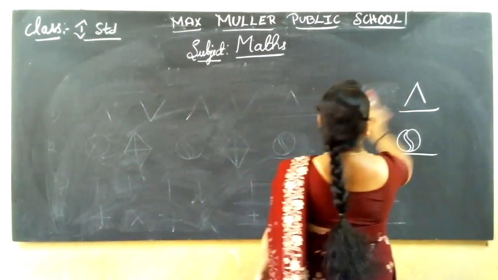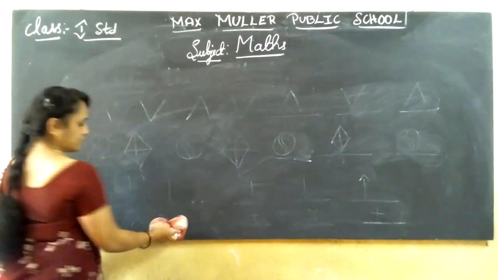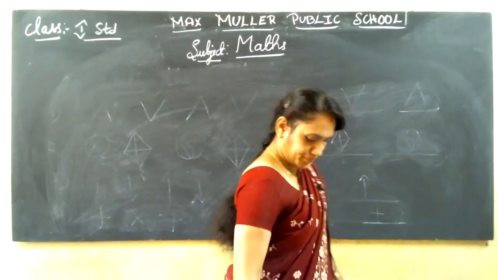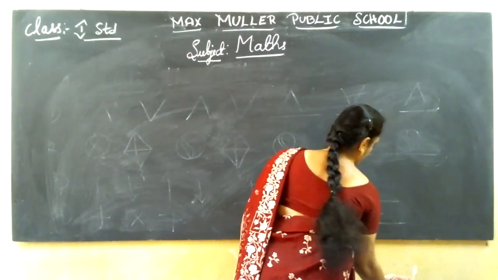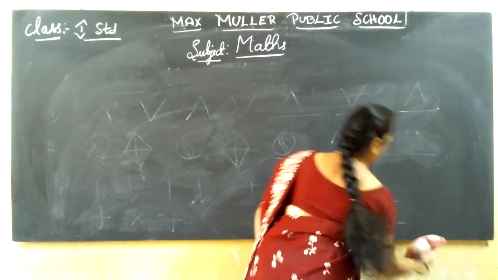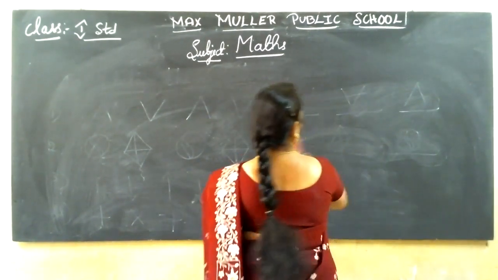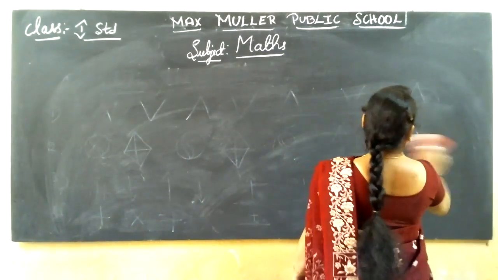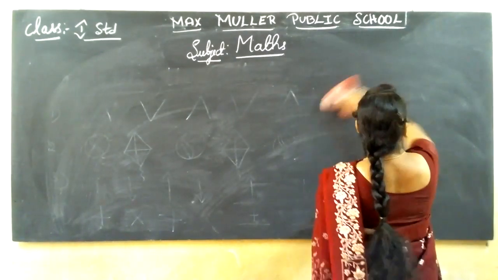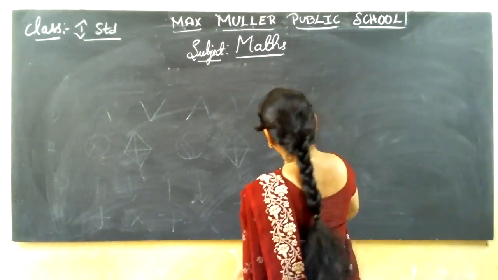Keep ready the homework. I should do it properly, isn't it? Otherwise, you can't see properly. So I won't erase. That's why I'm erasing one more time. Keep ready the homework book.